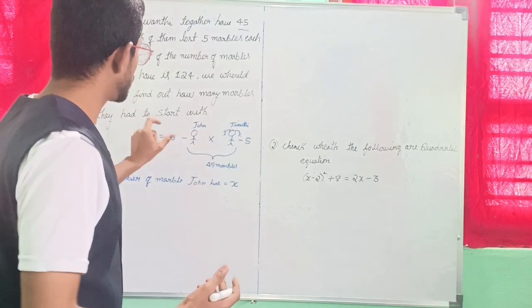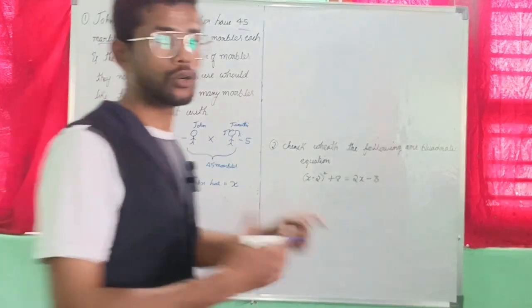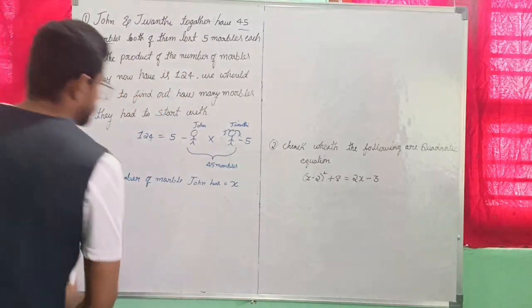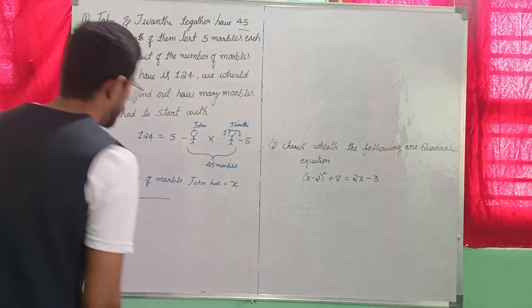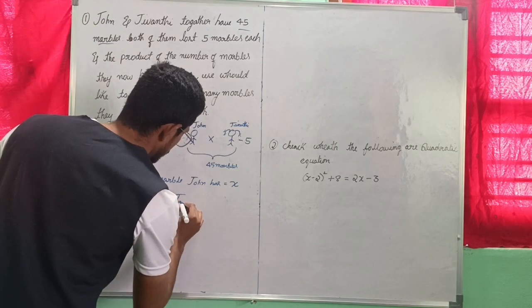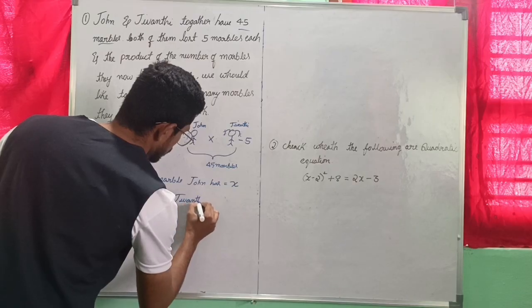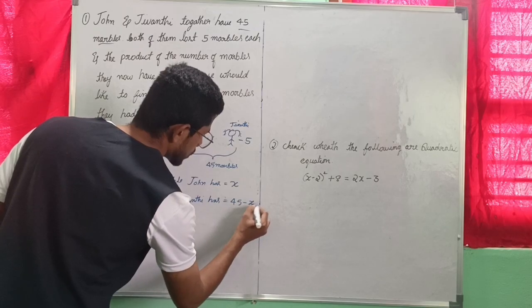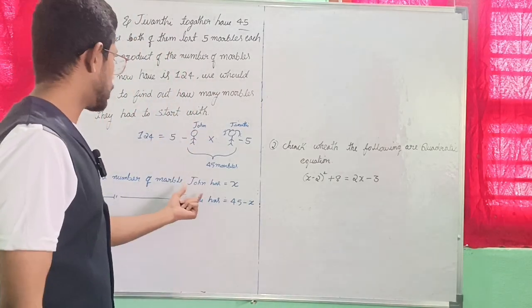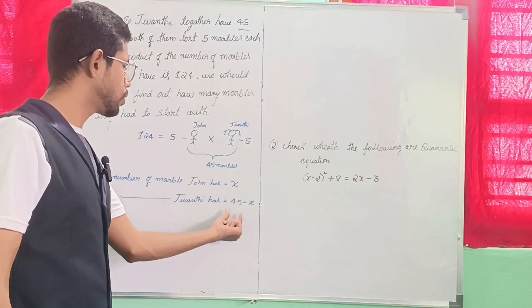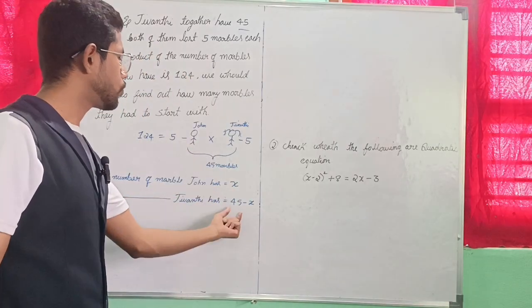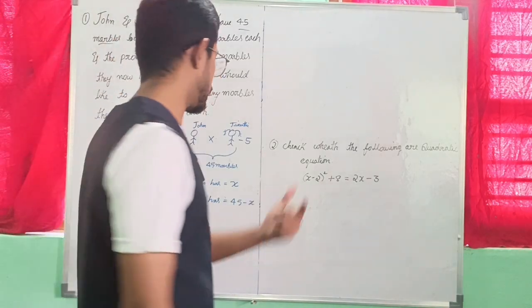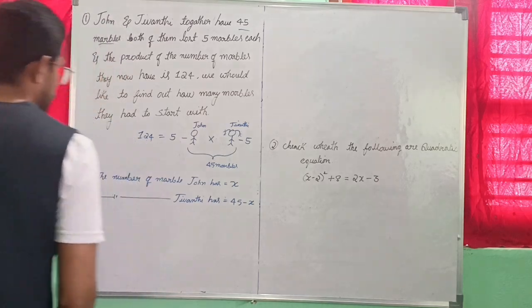So I take x, and the number of marbles Jivanti has, I will take as 45 minus x. The number of marbles John has is x, so the total is 45, and 45 minus x is the number of marbles Jivanti has. You understand? Let's continue.